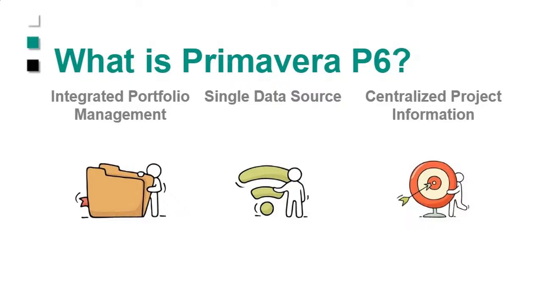It can become your single data source, a repository, but it gives you centralized project management capability. So we're not working on projects standalone and checking them in and checking them out, none of that sort of thing. The projects are inside P6, and through security, we give you certain access points.